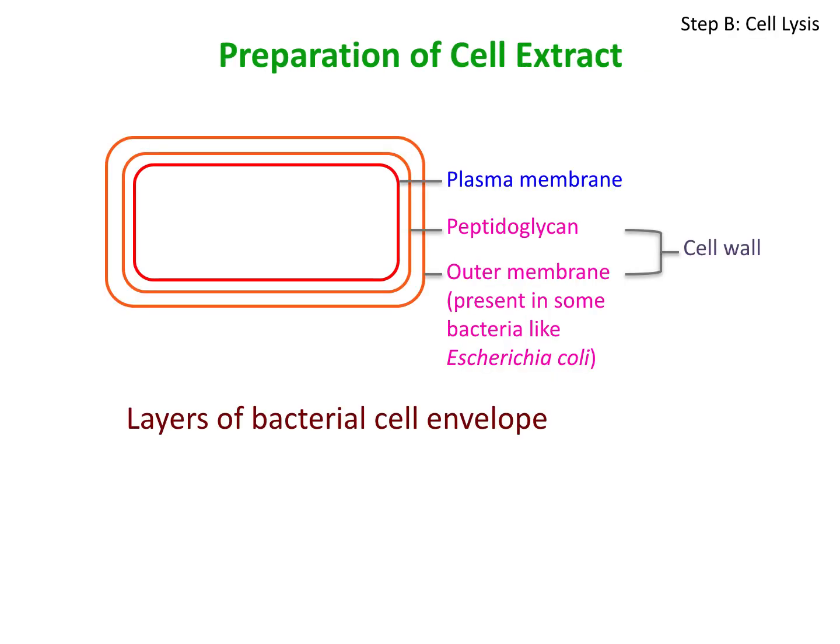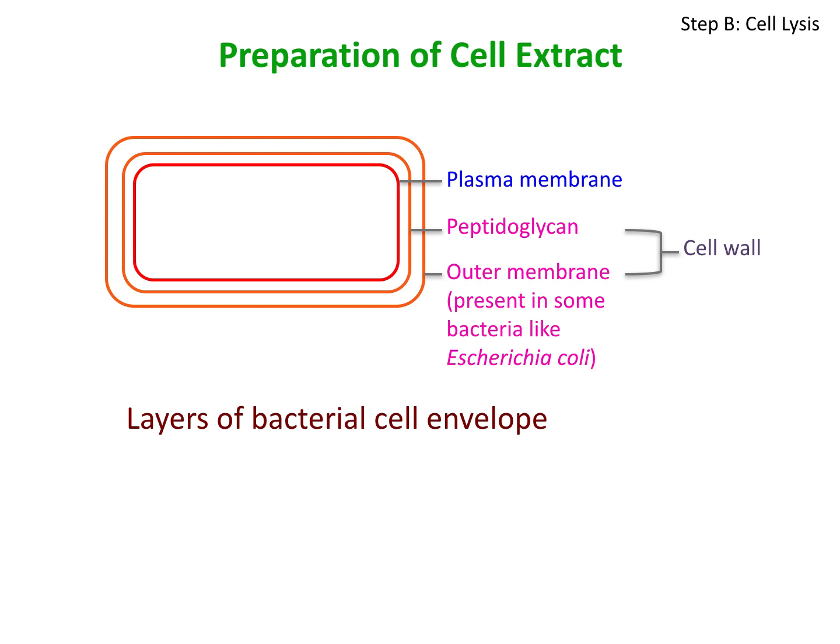Typically, the bacterial cell envelope comprises two layers, the plasma membrane and the cell wall. Often, the cell wall is made of peptidoglycan. In some bacteria like Escherichia coli, an additional outer membrane is present outside the peptidoglycan layer.